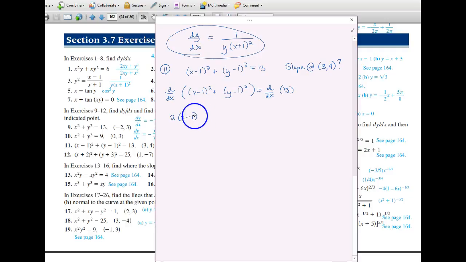And then the derivative of x minus 1 is just 1. Plus, now the derivative of (y minus 1) squared. So that's going to become 2 times, keep the inside the same, (y minus 1) to the first, times the derivative of the inside, dy dx. The minus 1 goes away. What's the derivative of 13? 0.